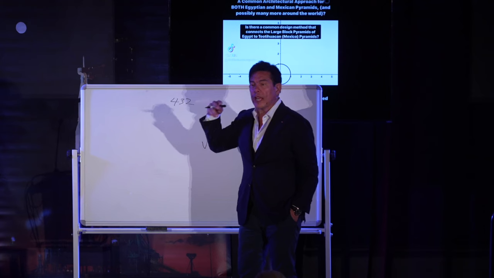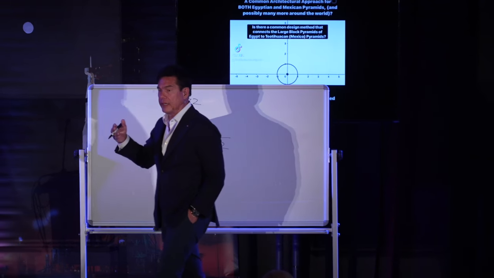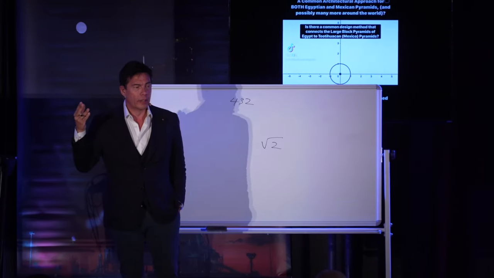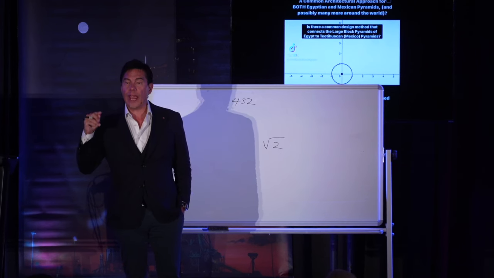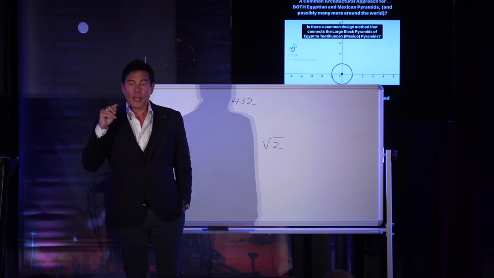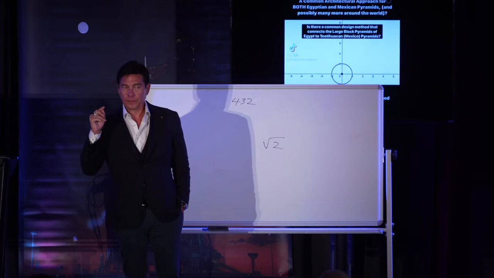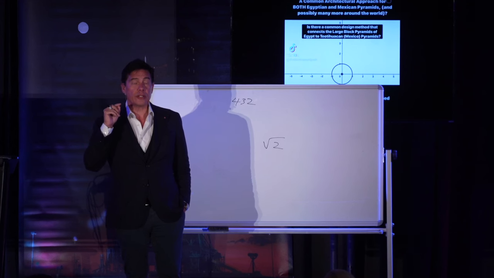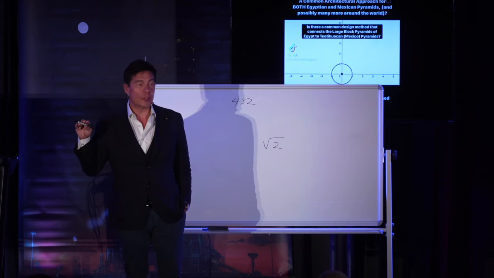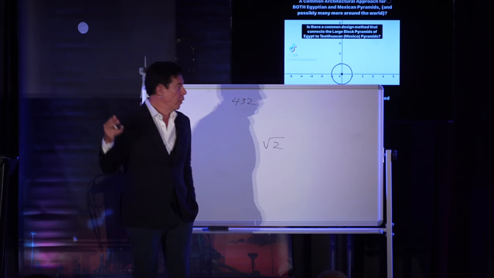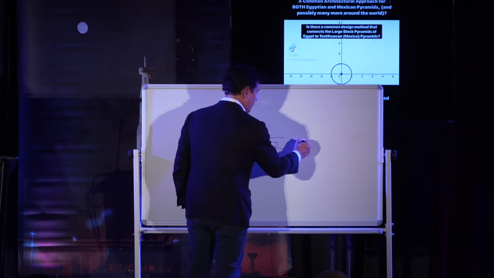If we look at an octave, when we hear the word octave, what number do we think of? 8. If we were to take the square root of 8, what is that number? The square root of 8 is 2.828. Now, if I take that in half, what is half of 2.828? 1.4142.